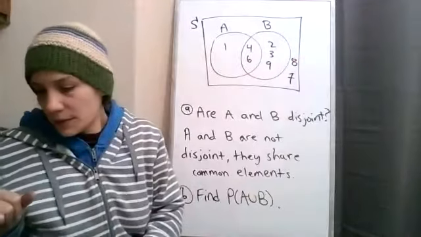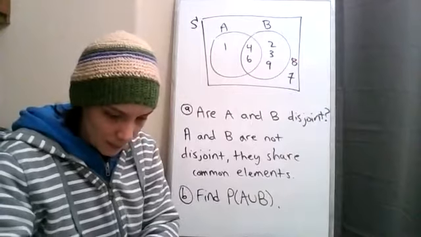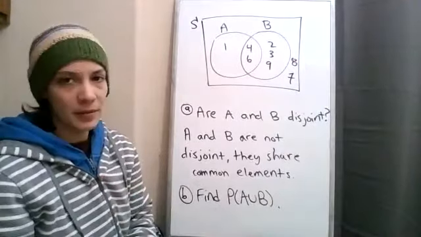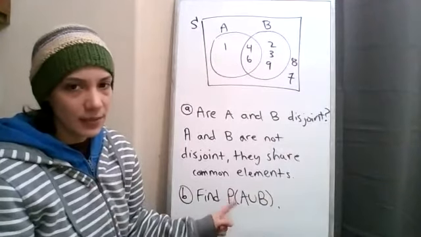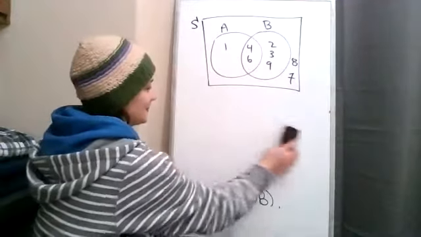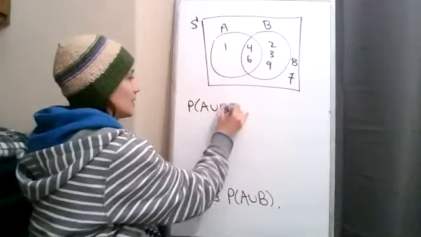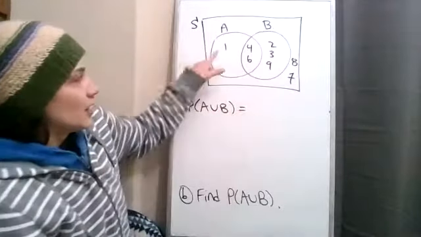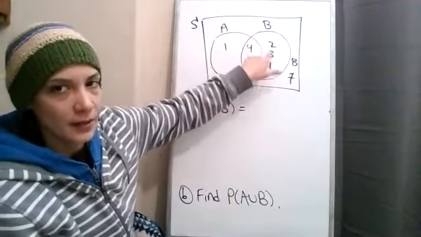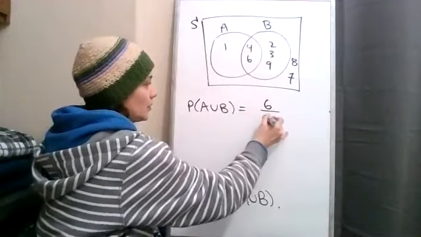We're going to find the probability of A union B. So the number of outcomes in both sets will be 1, 2, 3, 4, 5, 6. 9 total.